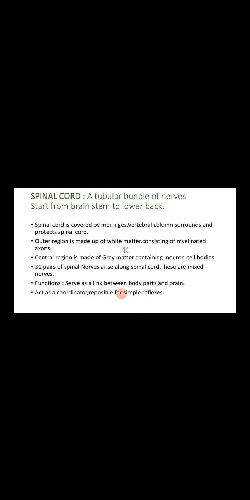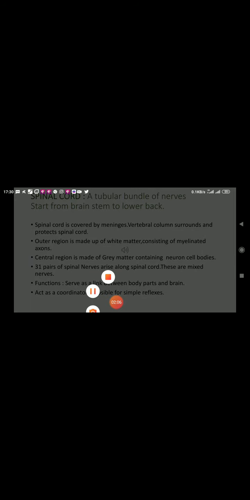There are 31 pairs of spinal nerves that arise from the spinal cord at the intervertebral disc, and all these nerves are the mixed nerves. Now the functions of spinal cord. It serves as a link between the body parts and the brain, and it acts as a coordinator responsible for the simple reflexes.